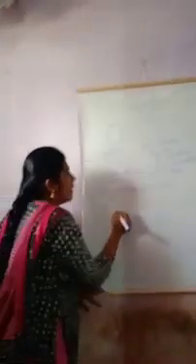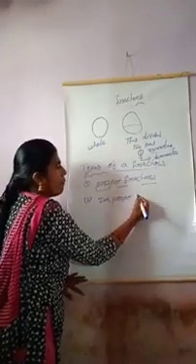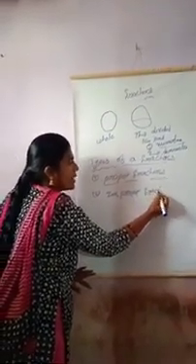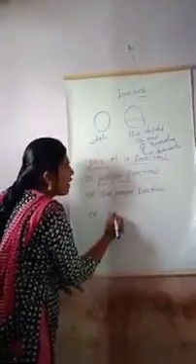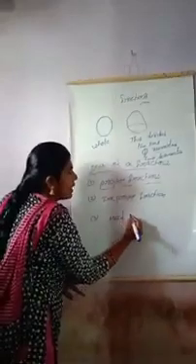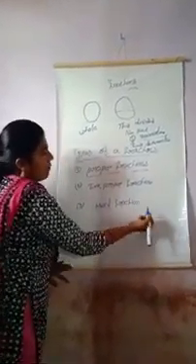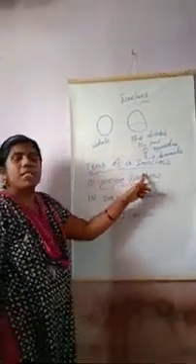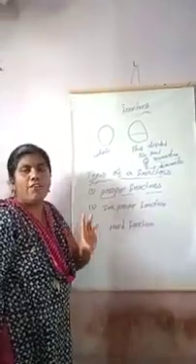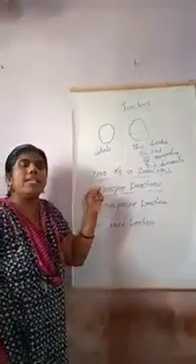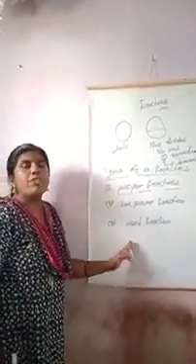Second one, improper fraction. Third one, mixed fraction. How many types of fractions are there, children? There are 3 types of fractions. First one is proper fraction, second one is improper fraction, third one is mixed fraction.